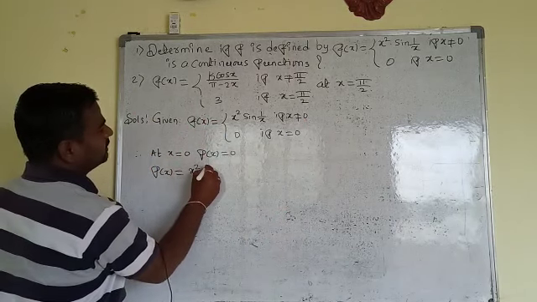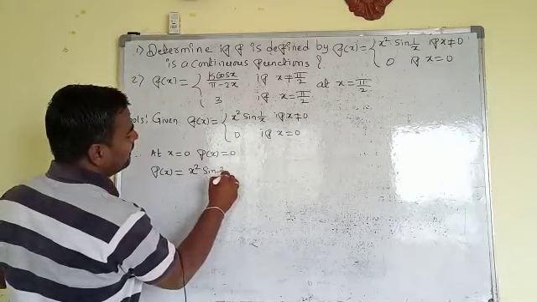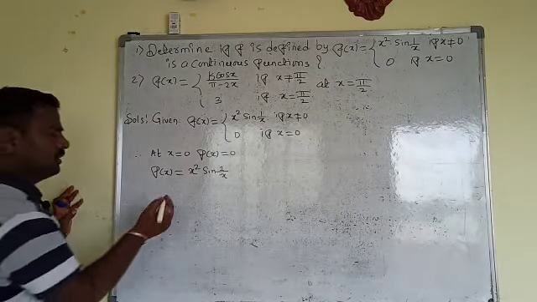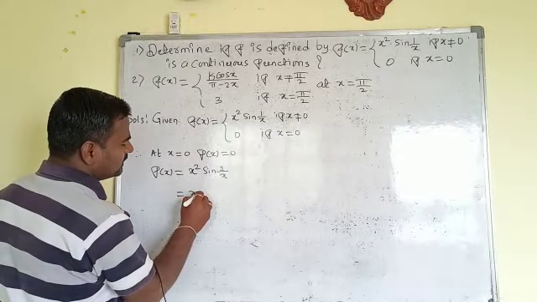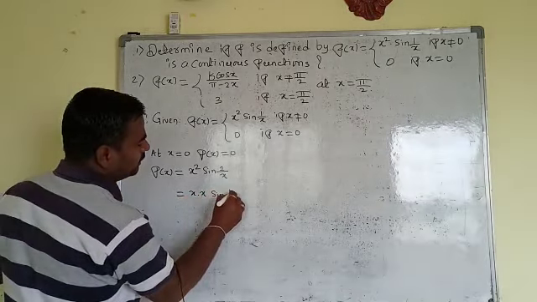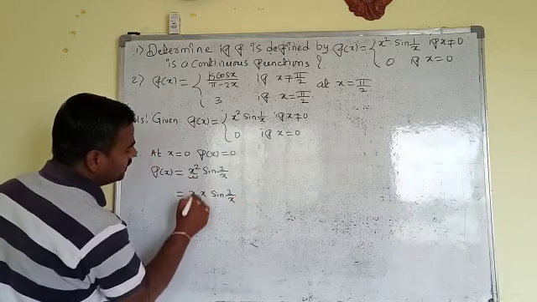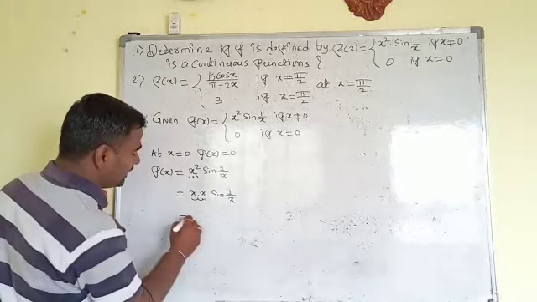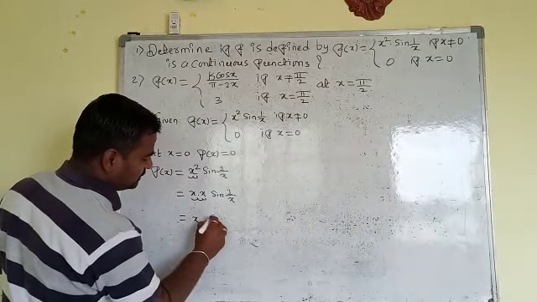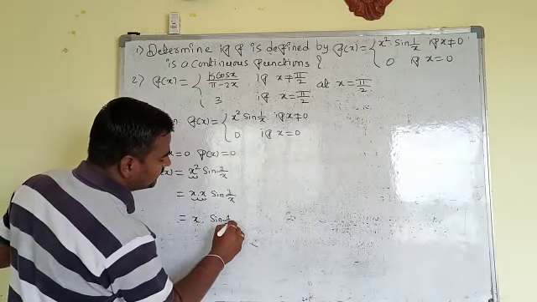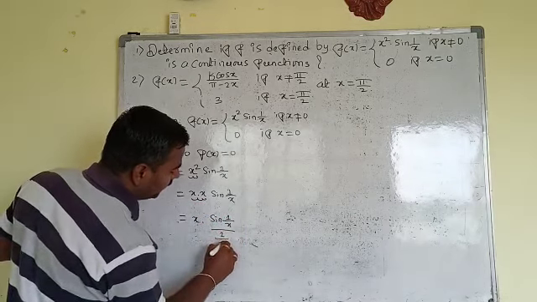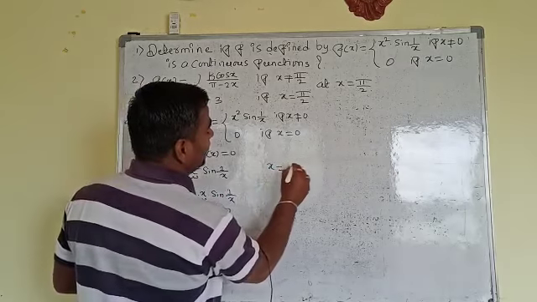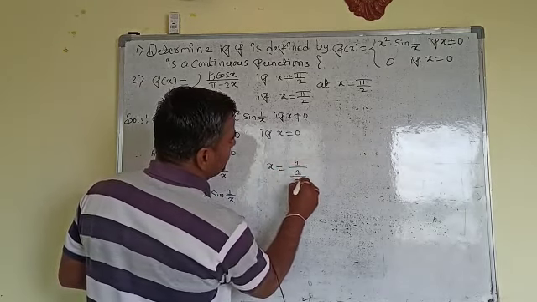So x square sine 1 by x, look at this function, later I can apply the values. Here x square I can write in the form x into x. So x is kept constant, and sine 1 by x. Why am I writing the reciprocal form? x can be written as 1 divided by 1 by x.